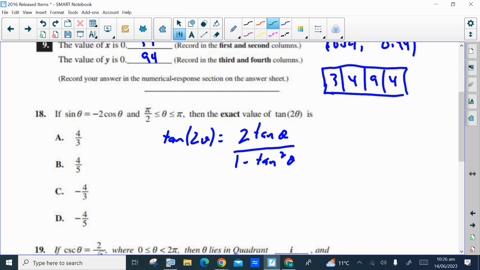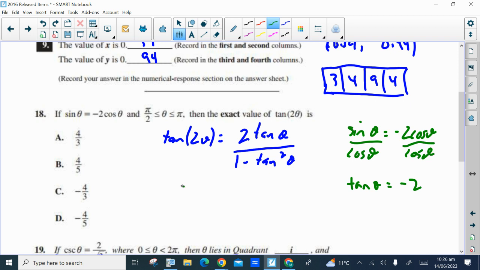Now we're told that sine theta equals negative 2 cos theta. So if you take this and divide both sides by cos theta, on the left you have sine theta over cos theta, which is tan theta, and that equals negative 2 on the right. So wherever we see tan theta, we can replace it with negative 2.